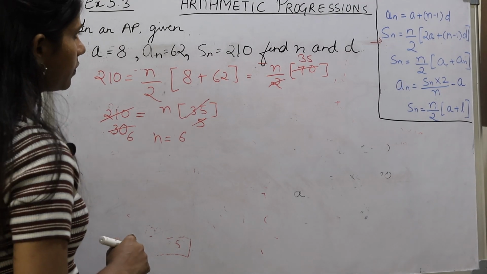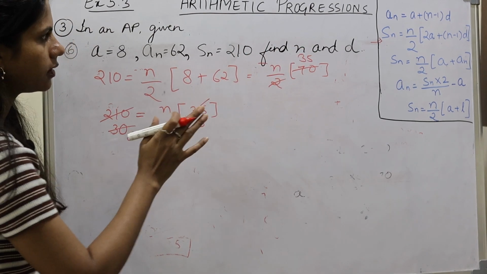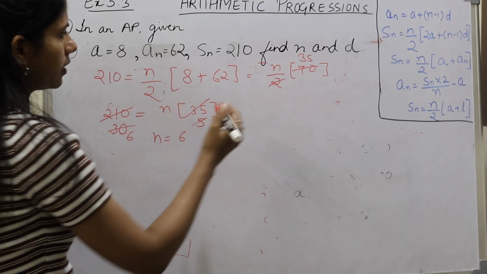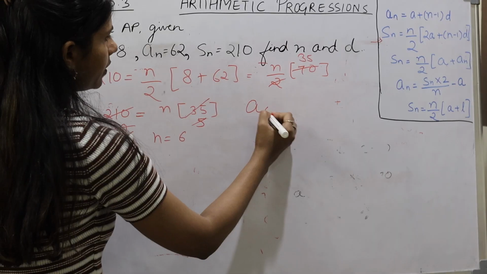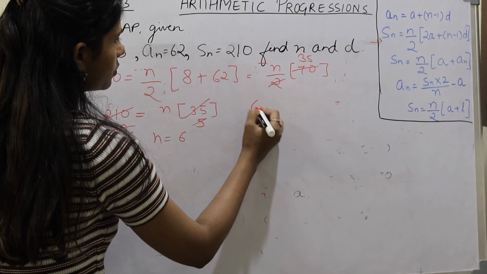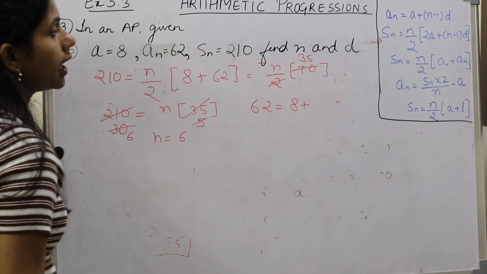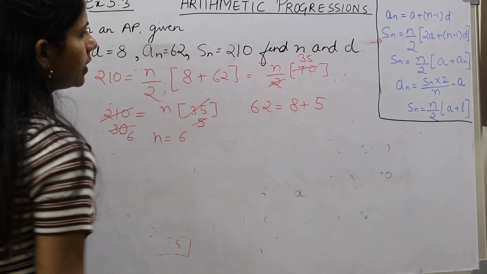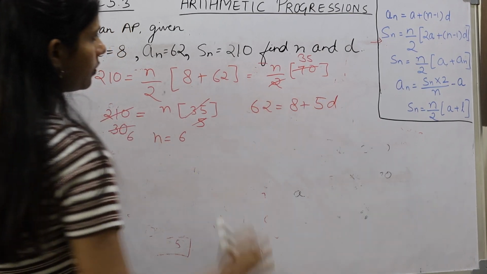Now we have to find out the value of d. Okay, so to find the value of d, we have to use this basic equation because we are already given an. So n is 6. Okay, we got the value of 6. So a6 equal to 62 equal to a is 8 plus n minus 1, so 6 minus 1, 5, and d. D is what we have to figure out.